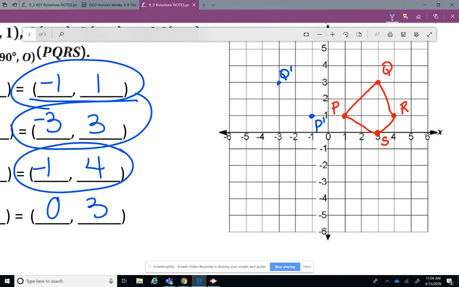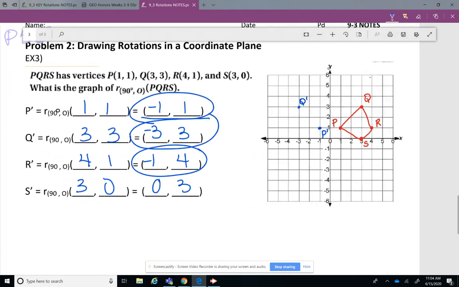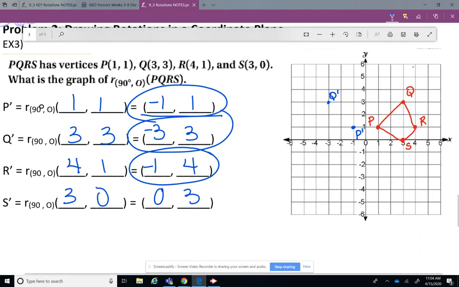My R prime is -1, 4, and that's my R prime. And then my S prime is 0, 3, and that's my S prime.